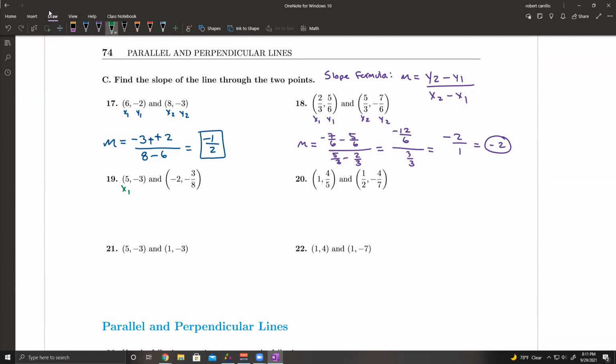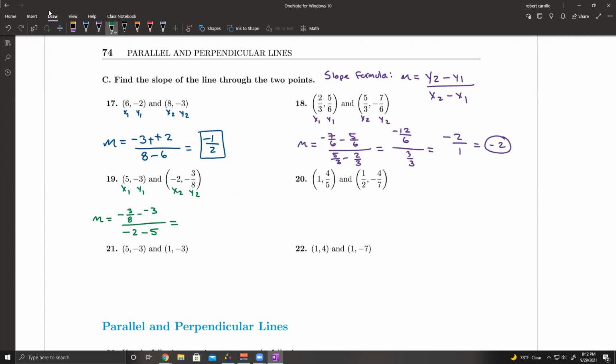19. There's my x1. There's my y1. There's my x2. There's my y2. Set it up. Slope is equal to y2, negative 3/8, minus y1, which is negative 3, over x2, which is negative 2, minus x1, which is 5. Okay. So a little bit of fraction work here. First off, what happens in the numerator?